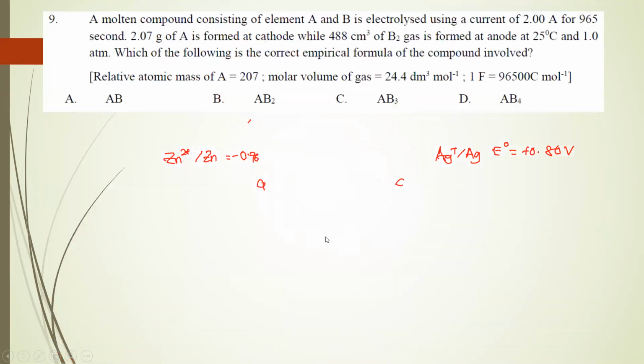Okay, then we go to number 9. A molten compound consisting of elements A and B is electrolyzed using a 2.00 ampere current for 965 seconds. 2.07 gram of A is formed at the cathode, while 488 gram of B is formed at the anode at 25 degrees Celsius. Which of the following is the empirical formula of the compound involved? So you use the 4-step method to calculate the mole of the electrons involved.